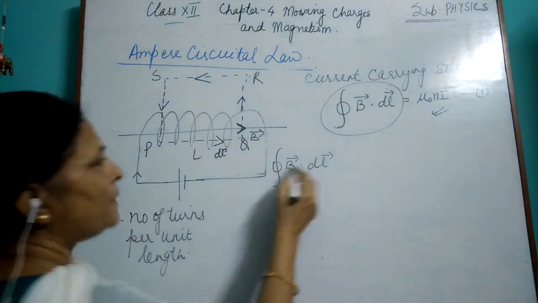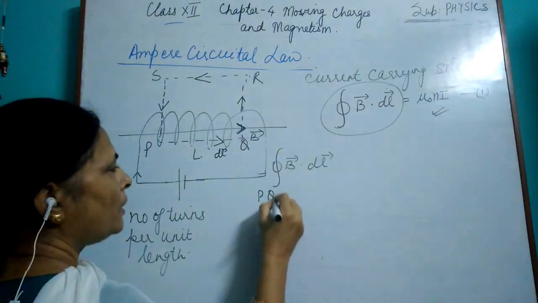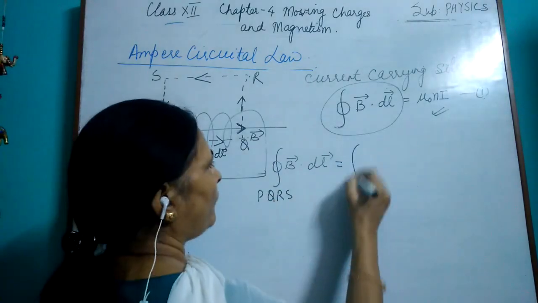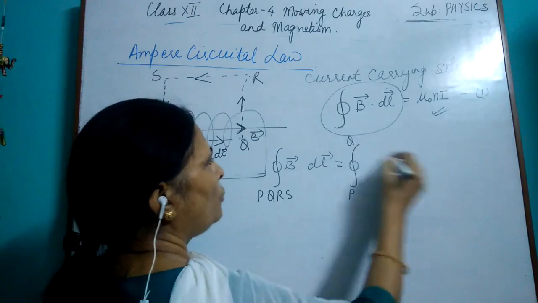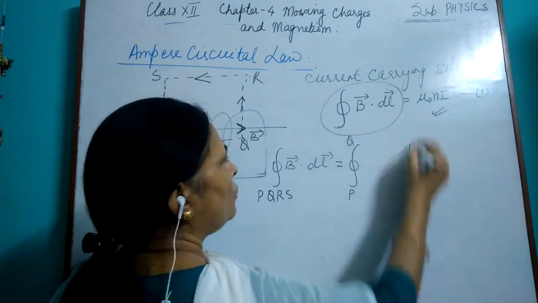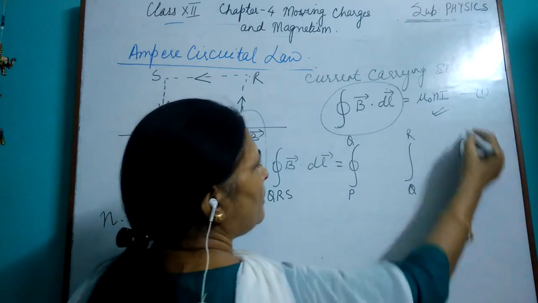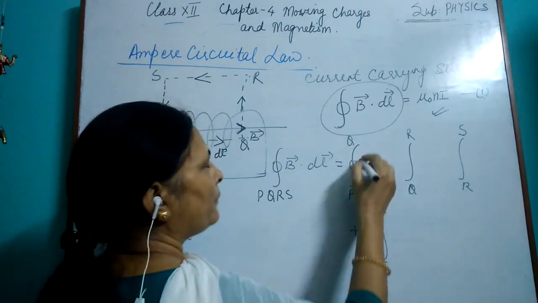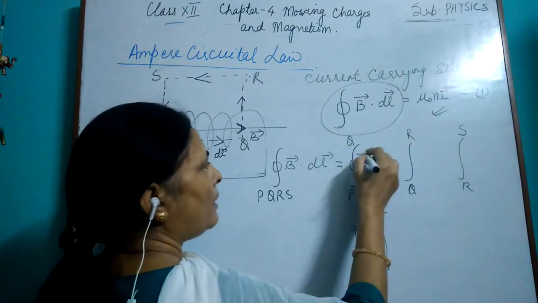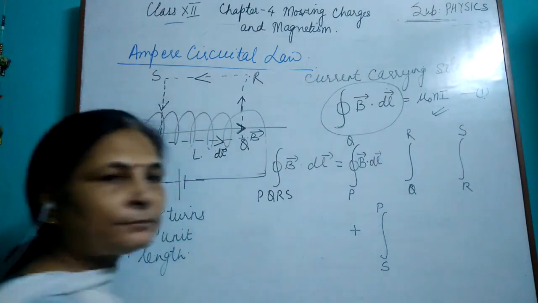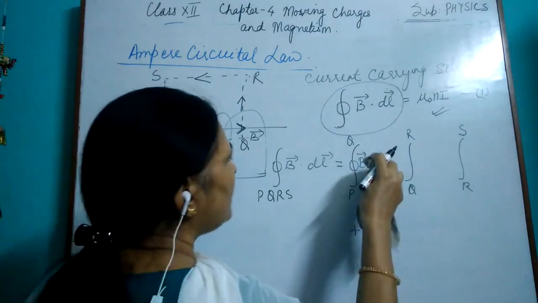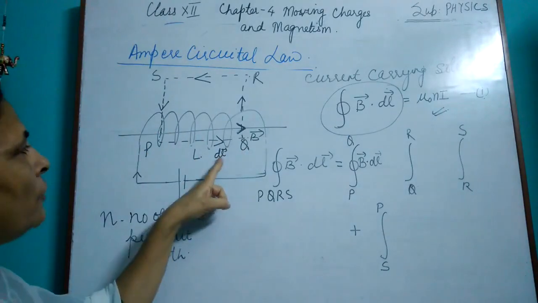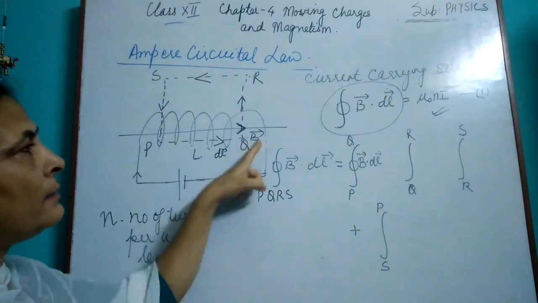Alright. So that means my B dot dl through the whole surface, that is P, Q, R, S, can be divided into 4 parts: P to Q, Q to R, R to S and S to P. Now this can be written as, from P to Q, the direction of dl and B are same.